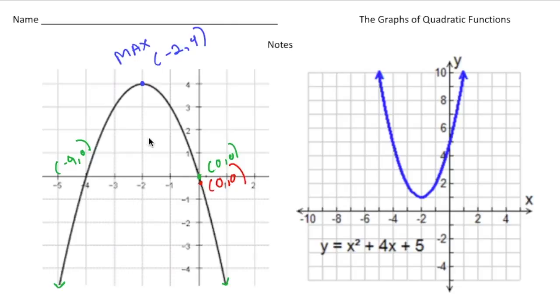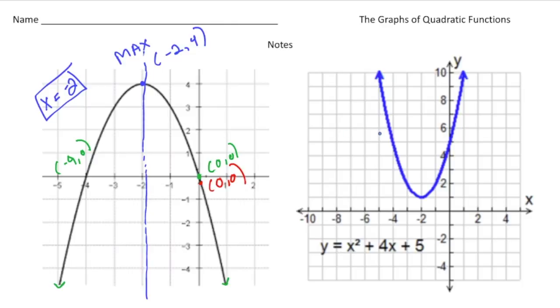Alright, now that we know the location of the max, we also know the axis of symmetry. So that's a line that goes right through the max, straight down like this. And the location of this one is x equals -2. Alright, so we got the vertex at -2 and 4. We got the axis of symmetry. We got our roots. We got the y-intercept.